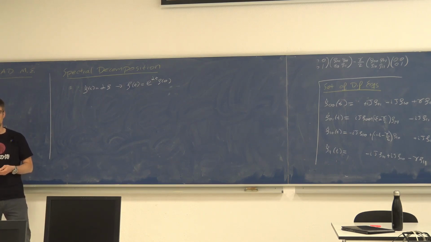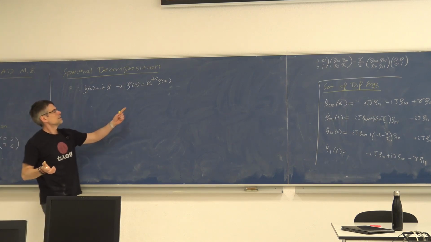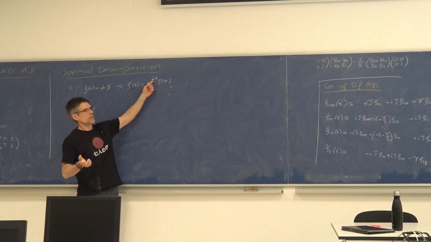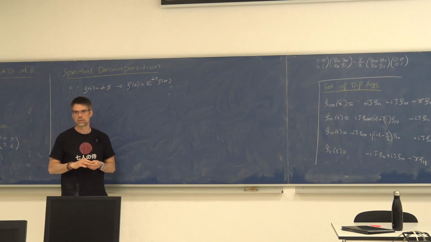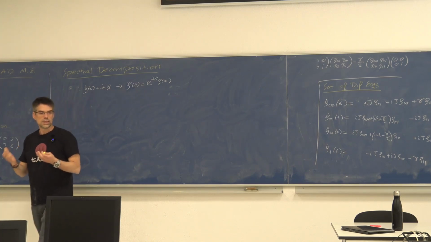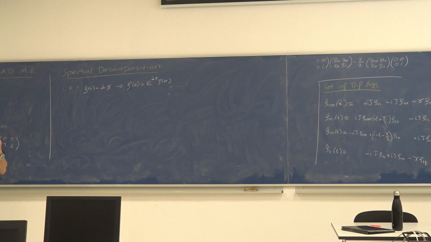Okay? But then the question is, and it's the same in the Schrödinger equation, what does the exponential of a matrix mean? In the Schrödinger equation, if you have taken any simple course in quantum mechanics, you see that it's easy, and it's going to be the same technique here.